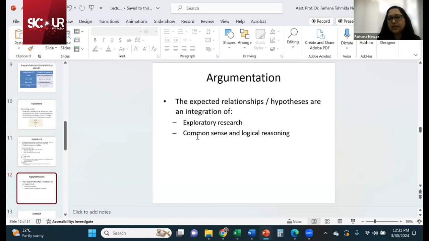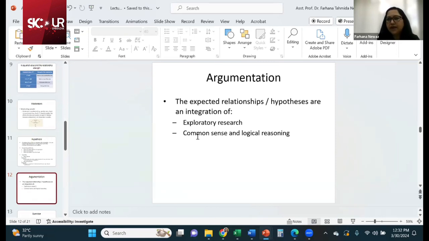So argumentation can be done based on exploratory research as well as on common sense and logical reasoning. Common sense, again I'm saying: if you just say you're using your own idea, but I can see you can get lots of previous studies related to this topic, then why come up with your common sense?